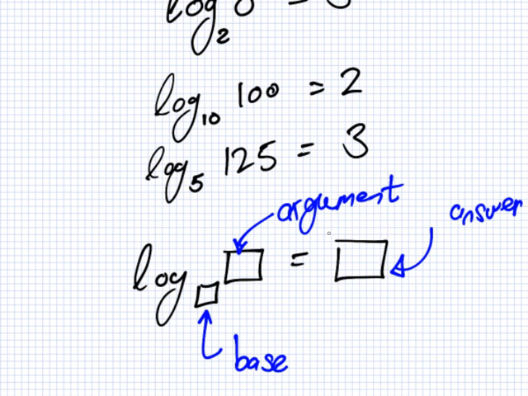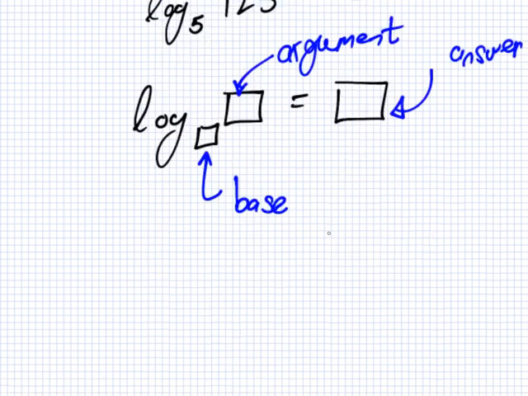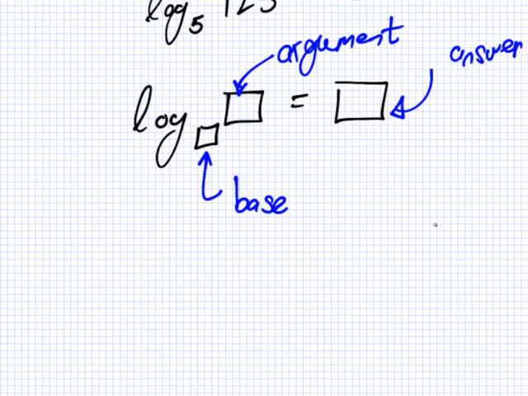Just like with powers, there are rules here for logs. Let's have a look at them. Can I go down? Yeah? Okay. So actually, before we start, we usually deal with the base being a positive number. And we don't usually think about the base as being 1, because that doesn't really make sense.